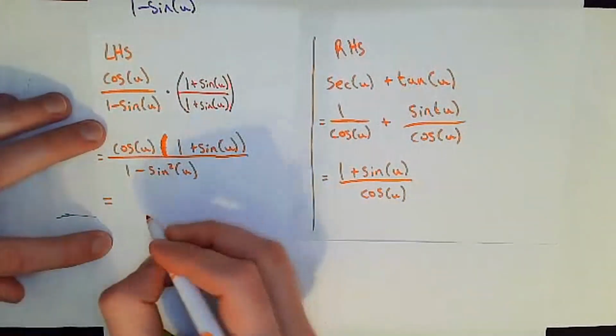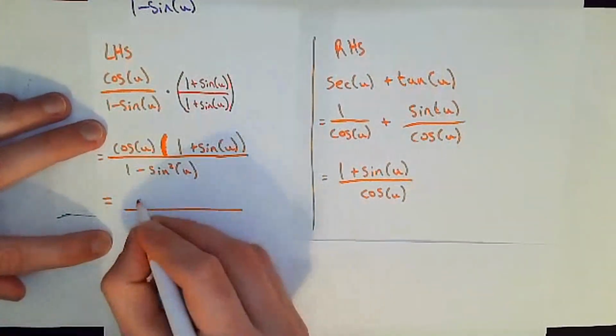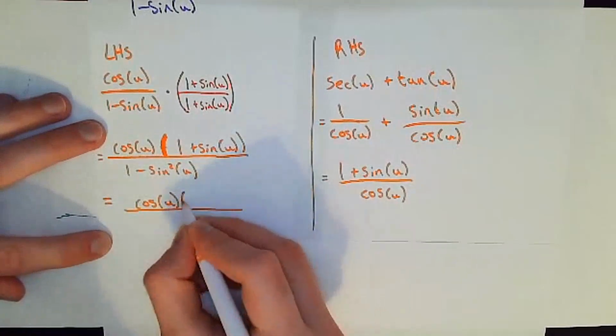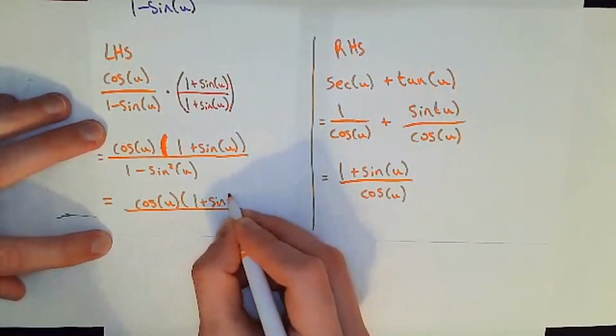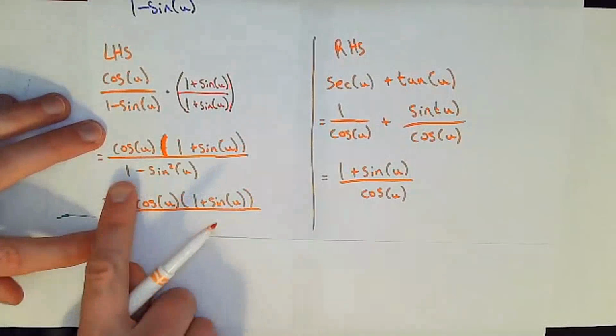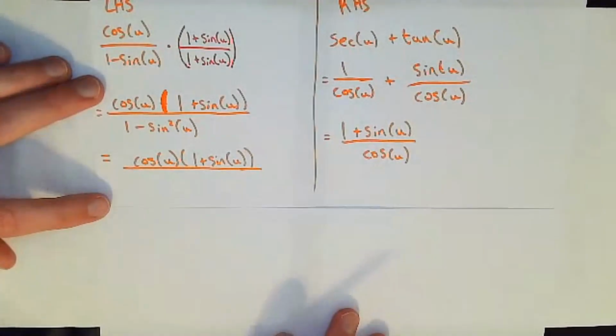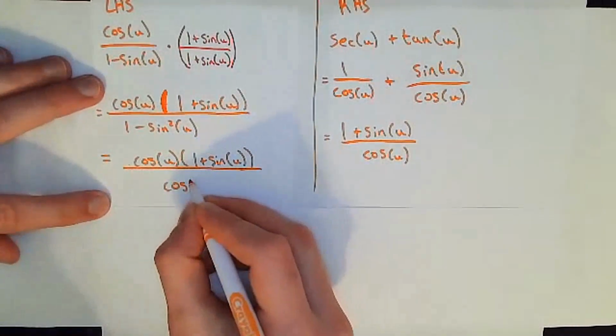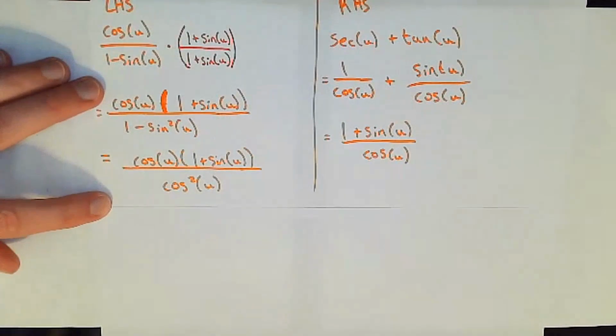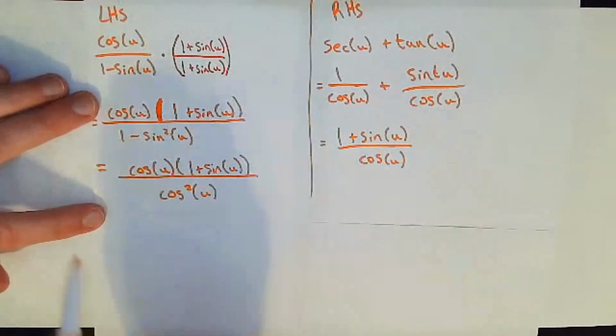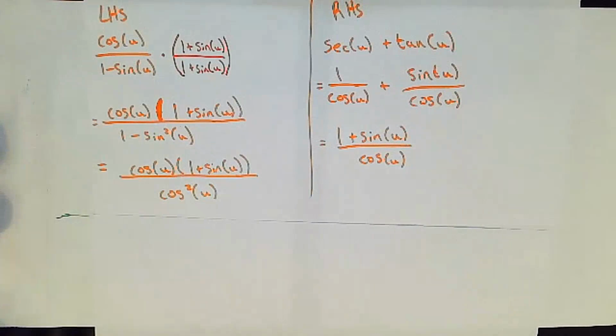Okay, what happens next? I'm just going to rewrite my numerator because now I'm about to work on that denominator. Recall that denominator, 1 minus sine squared, by the Pythagorean identity is cosine squared. That's a popular technique where 1 minus sine squared equals cosine squared. Or we used the other one for a different example, where 1 minus cosine squared is equal to sine squared. So that Pythagorean identity can be used in that way.